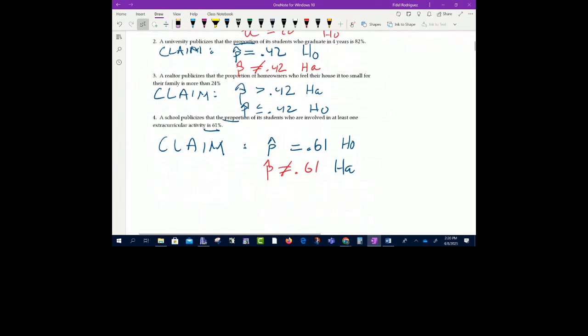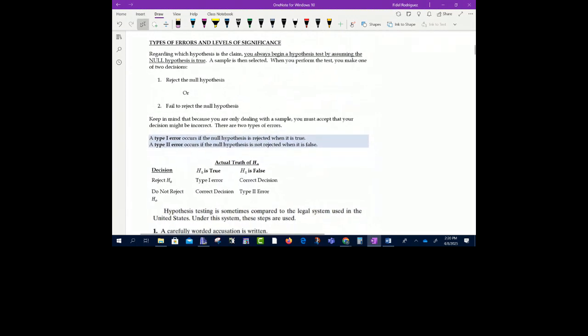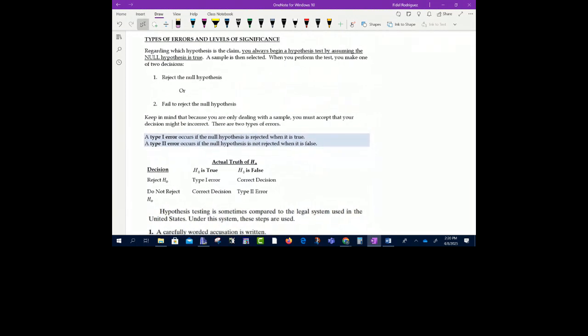Okay. Let's continue scrolling down the list, y'all. And we're going to talk a little bit about types of errors and something we call levels of significance. Okay, regarding which hypothesis is a claim, we're always going to begin a hypothesis test by assuming that the null hypothesis is true. Okay. A sample is then selected. When we perform the test, we're going to make one of 2 decisions.